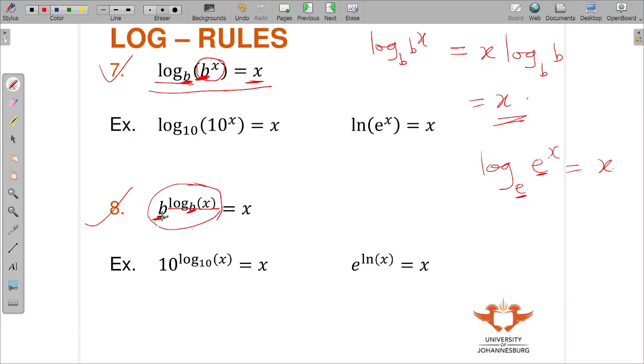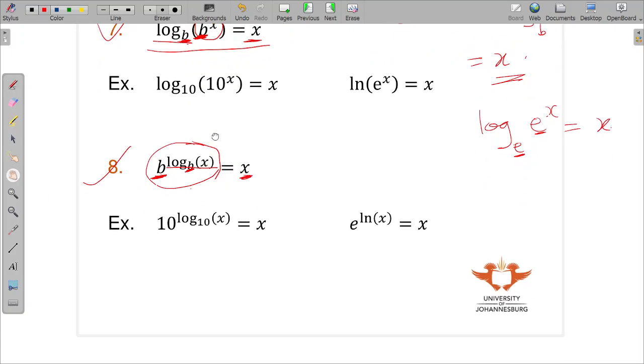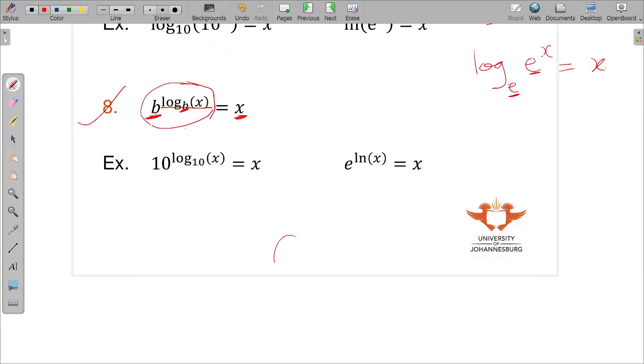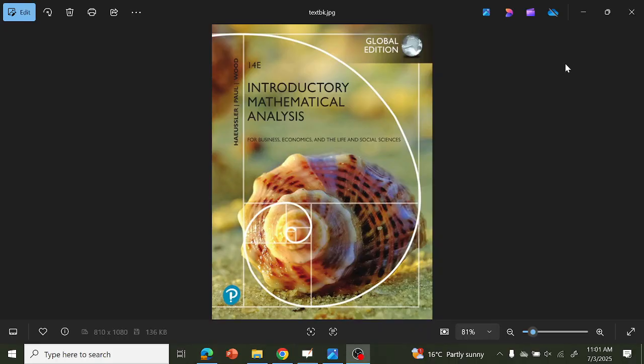So that's why it also gives us x. So when we have e raised to ln of x, that also gives us x. That is very important. Please take note of that.